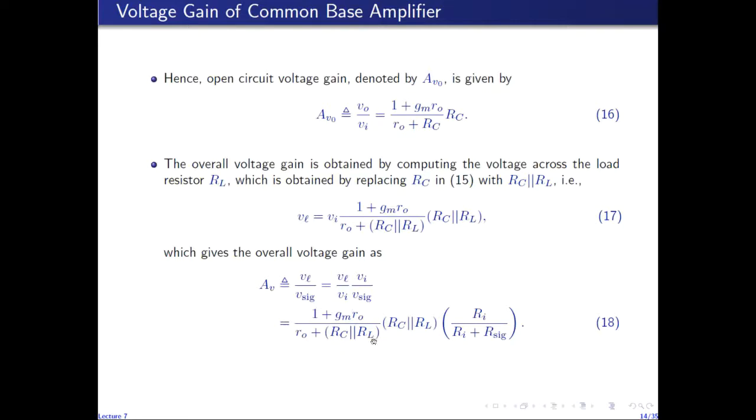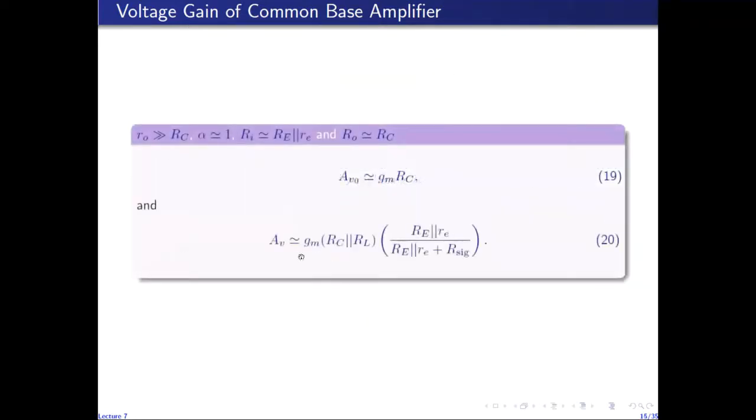So the loaded voltage gain is given by GM times RC in parallel with RL times this factor, Ri over Ri plus Rsig, where Ri is approximately given by this parallel combination. These are the approximate and more commonly found expressions for the open circuit voltage gain and overall voltage gain of the common base amplifier.